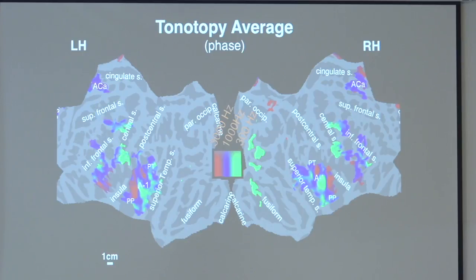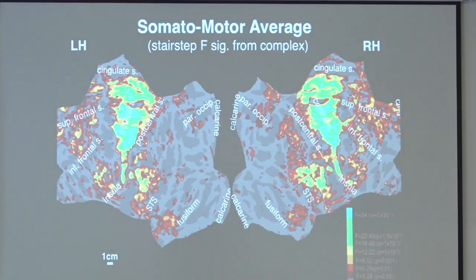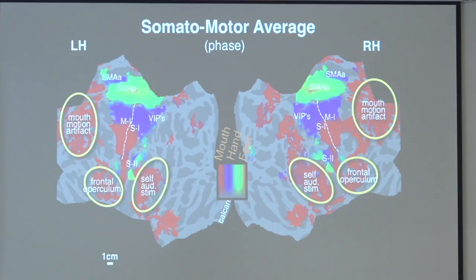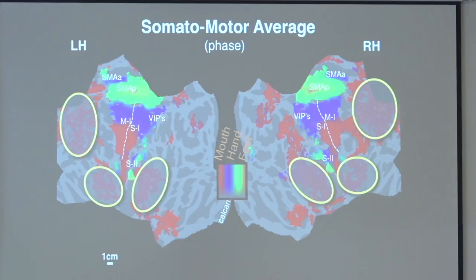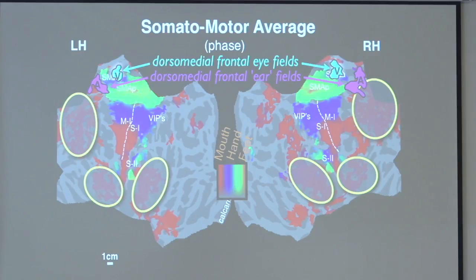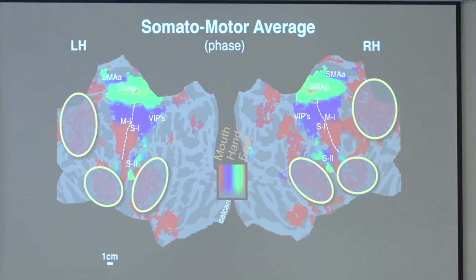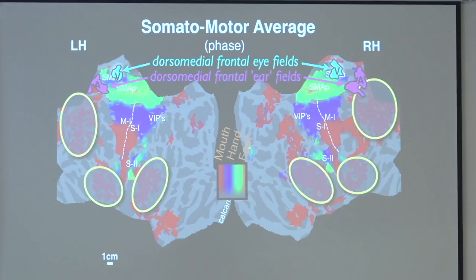You notice that the frontal visual maps versus the frontal auditory maps are mostly non-overlapping. Our body map has some motion artifact in it and auditory self-stimulation, but if we take that out, that's from having people make very small movements. Then you can see that the dorsomedial frontal eye fields and frontal ear fields are right next to supplementary motor cortex.